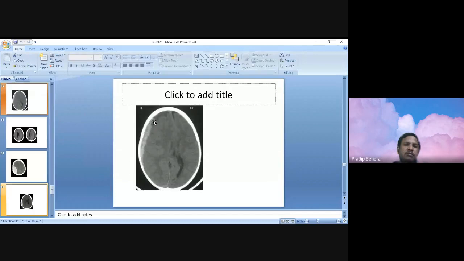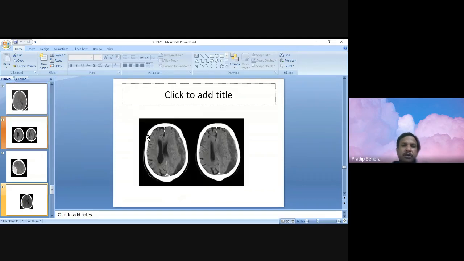This is the hyperdensity extending in the frontoparietal region on the right side, and there is a convexity inside, so this is a subdural hematoma, right side subdural hematoma. Here is another subdural hematoma on the left side. The outside is concave and this side is convex, so this is typical of a subdural hematoma.